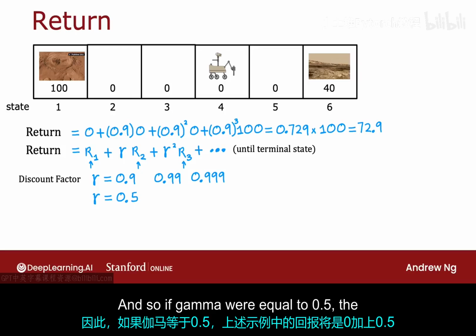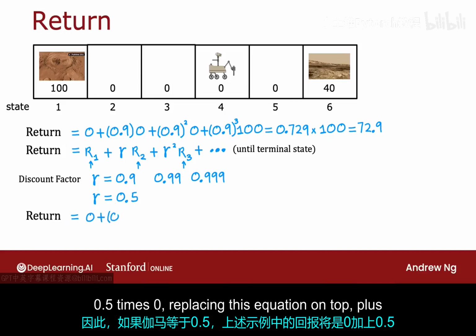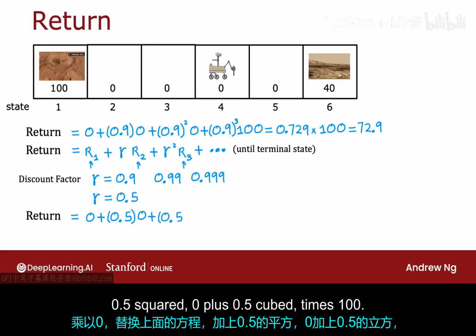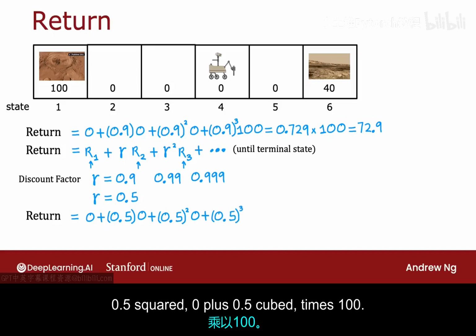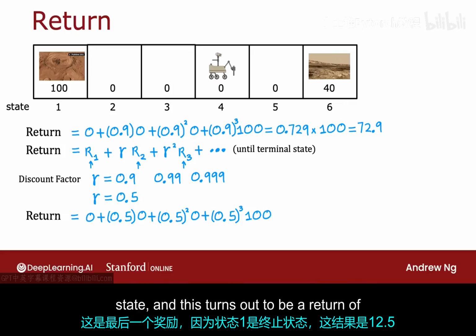And so if gamma were equal to 0.5, the return under the example above would have been 0 plus 0.5 times 0, replacing this equation on top, plus 0.5 squared times 0, plus 0.5 cubed times 100. That's the last reward because state 1 is the terminal state, and this turns out to be a return of 12.5.